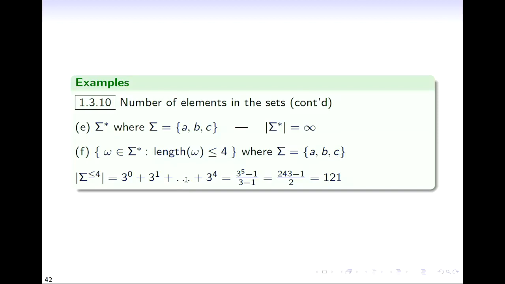That would be 3 to the power of 2. Up to length 4, we've got exactly 3 to the power of 4 words of length 4.